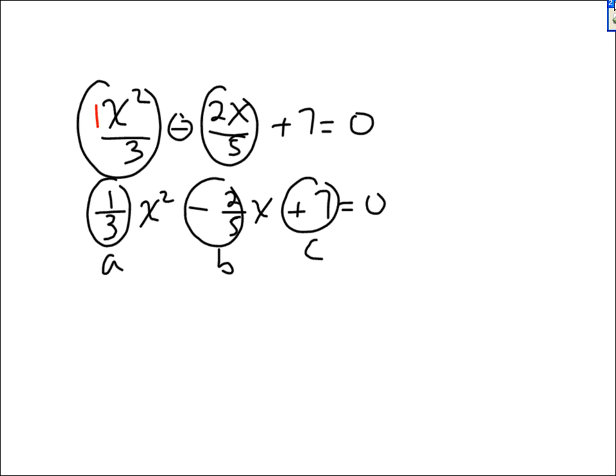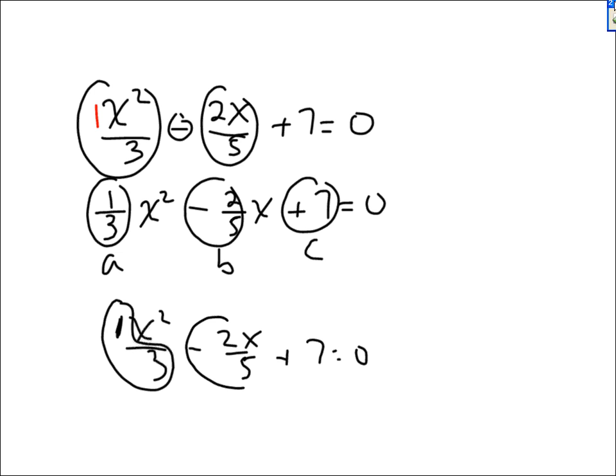How can we have done this simpler, quicker? x squared over 3 minus 2x over 5 plus 7 is 0. Understand there's a 1 in front here. That's a, that's b, and that's c. Include the denominators, that's all. That's the big deal here. Since that's x squared, 1/3 is a.